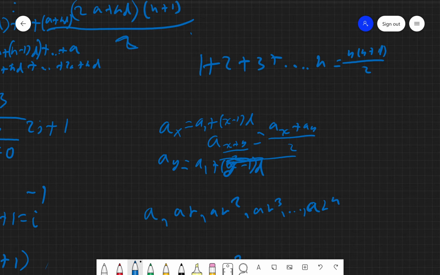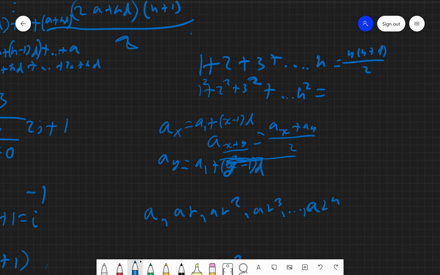And now we can also do a bunch more. We can do 1 squared plus 2 squared plus 3 squared. We can do sum of squares. I won't go over the proof. You can go over the proof using induction, because after this you're gonna know it, so you can use induction to prove it.